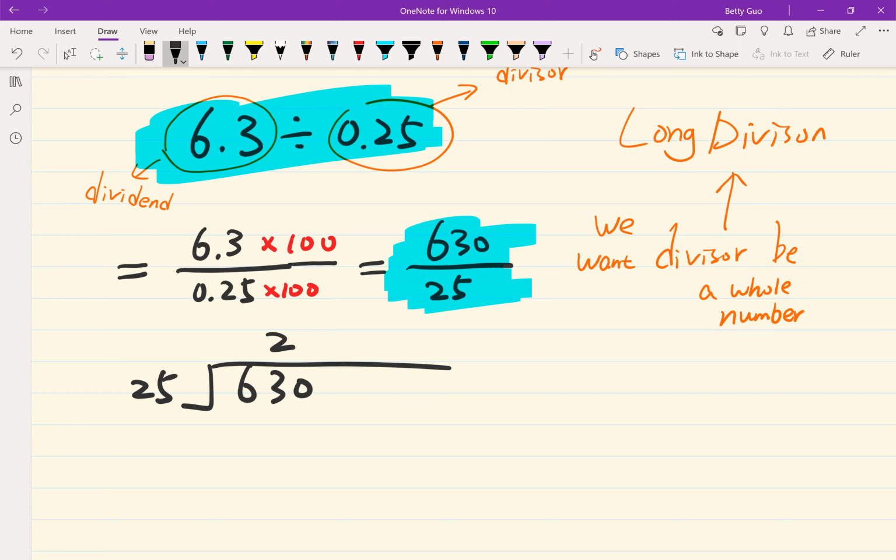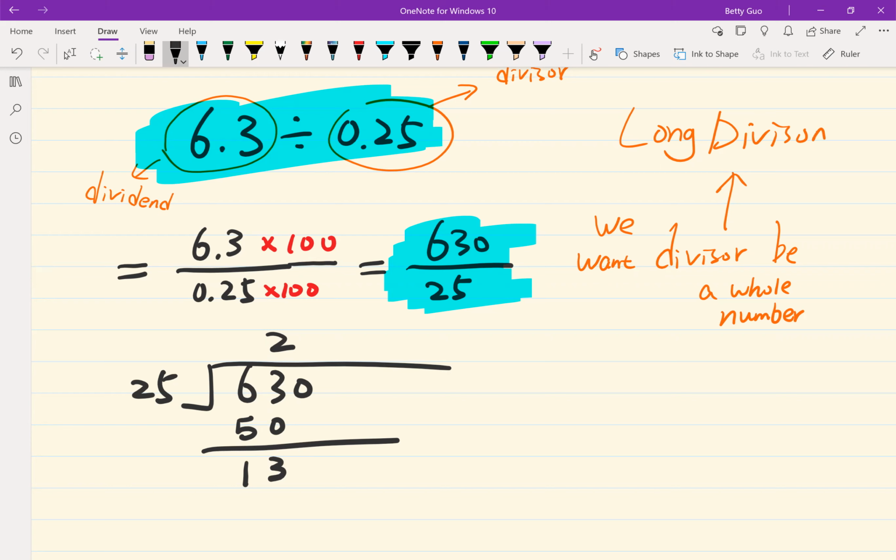Because it's not a factor of 63, but because it's smaller, we want to know how many times it could, with the remainder. So now we know 25 goes into 63 twice, so we can write 50 right below 63. What's the remainder? 13, yeah.